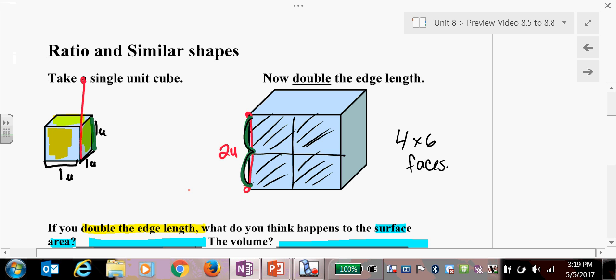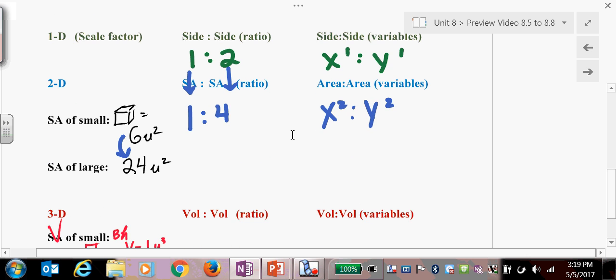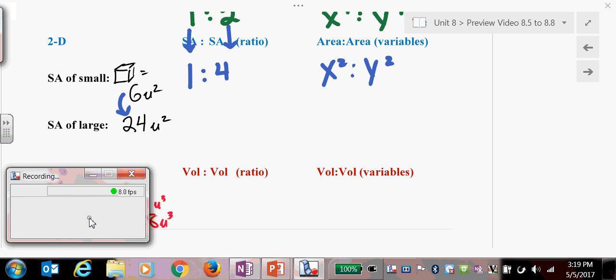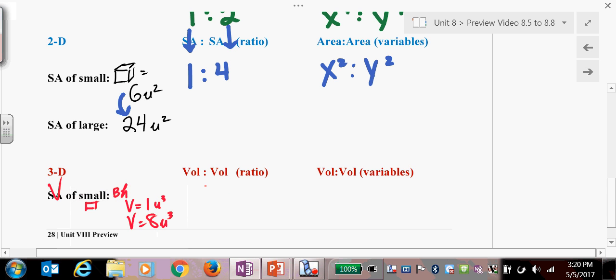But the volume of the large, if you were to count cubes, think of it as sugar cubes. Technically, there'd be 1 cube in the front, 1 cube in the back, 3, 4, 5, 6, 7, 8. The volume of the large is 8 cube units. So our volume ratio was 1 to 8.